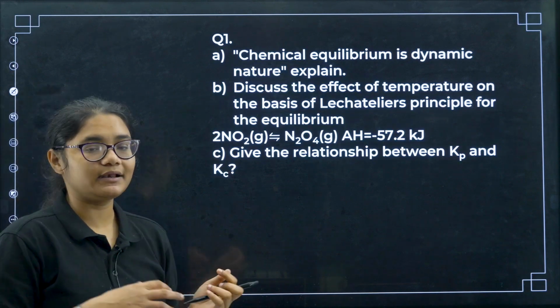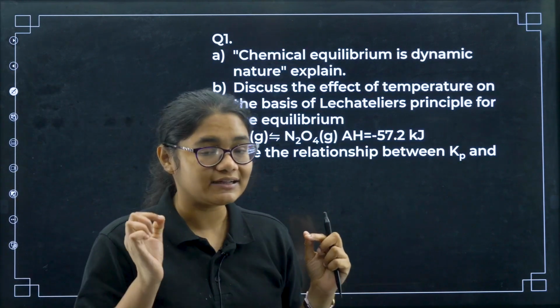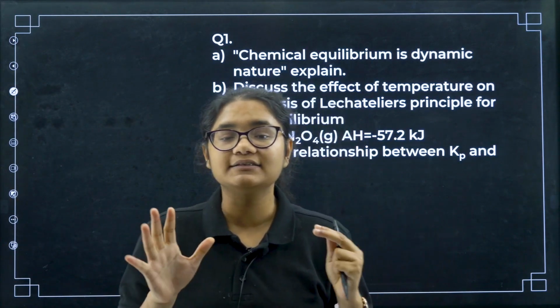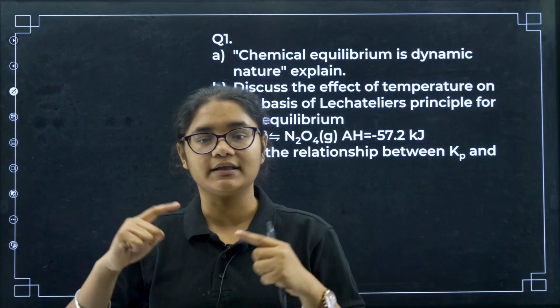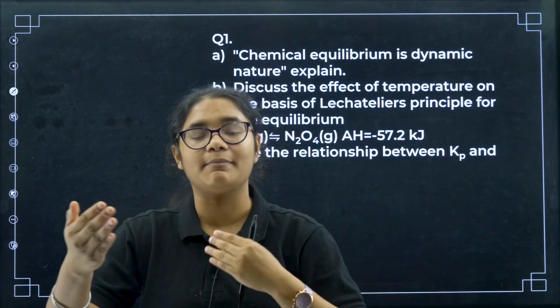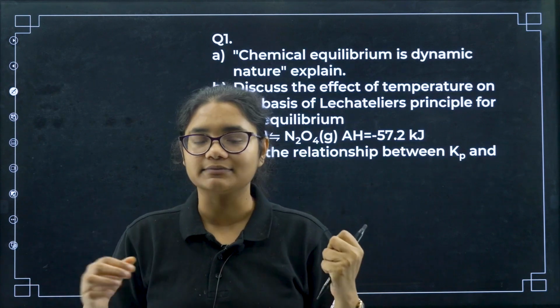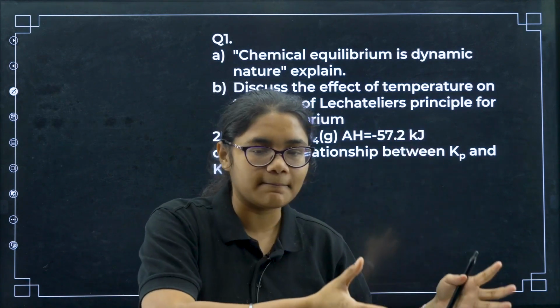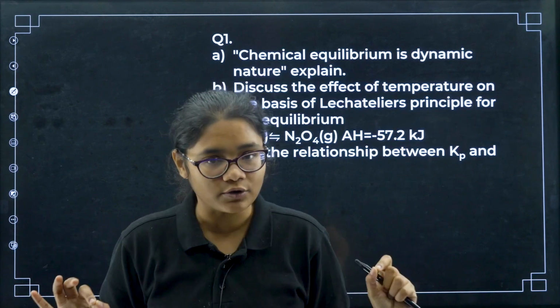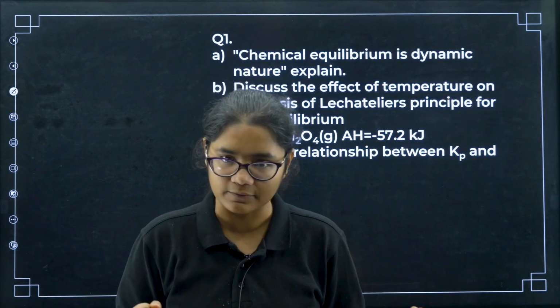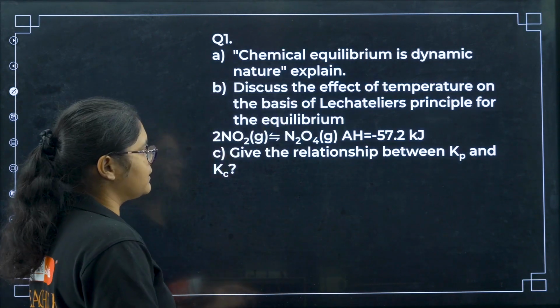So why is chemical equilibrium dynamic in nature? It is dynamic because the reaction does not stop at equilibrium. The reaction takes place, but the rate of the forward reaction and the rate of the backward reaction are equal. So we visualize that the amounts of reactants and products are constant, but actually the reaction proceeds there, right? That is why it is called dynamic equilibrium.